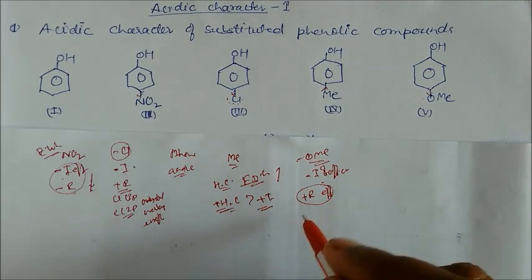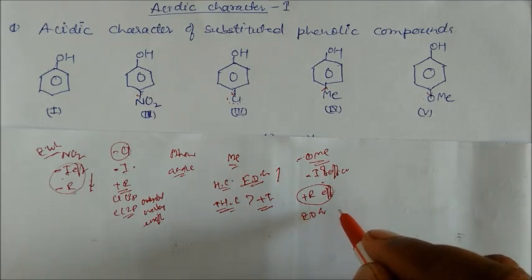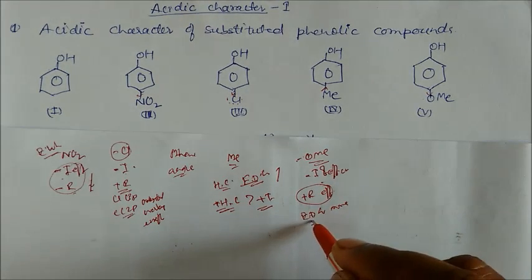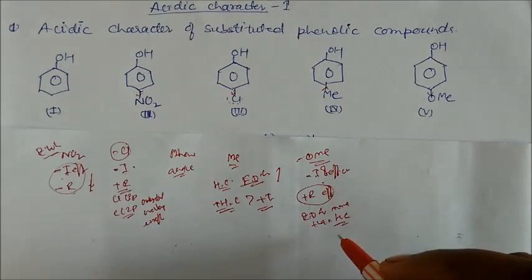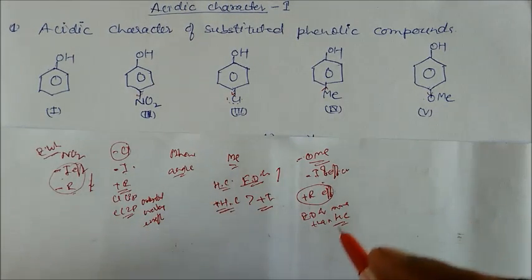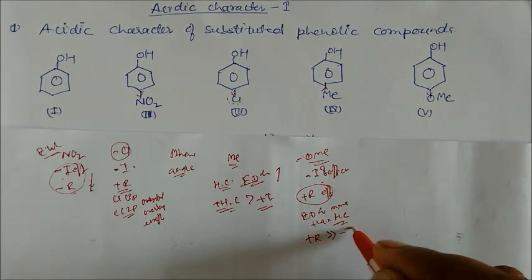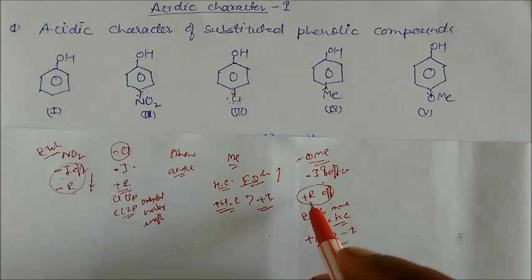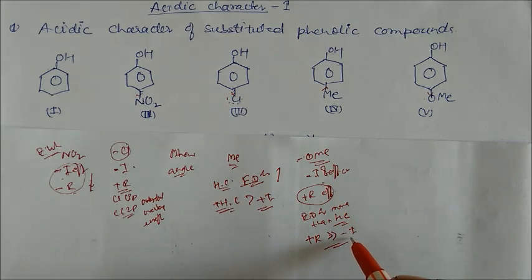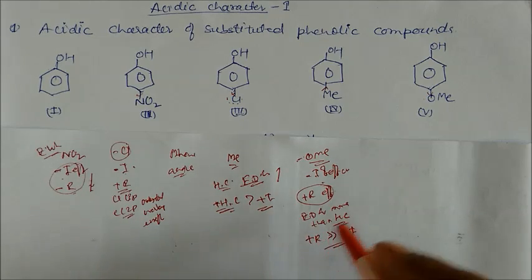So the electron donating character will be more than the other. We can write here the plus R effect is more than the minus I effect. In both cases the plus R effect is more than the minus I, but in the methyl case hyperconjugation is more than the I. But out of this, electron donating is more.